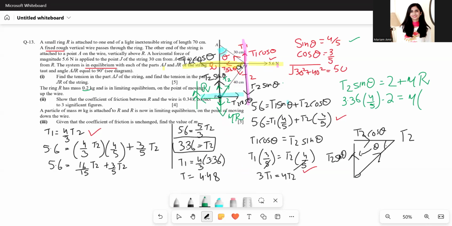We have R equals T2 cos theta. So R equals 3.36 times 3 by 5, which is 2.016.